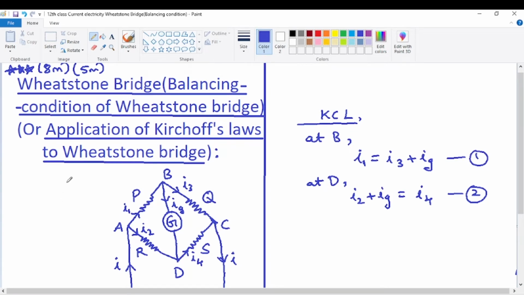But actually the essay part is only 5 marks, and for 5 marks just 3 or 4 steps are sufficient. The diagram itself is equivalent to 1 or 2 steps, another 2 or 3 steps, and the full 5 steps are completed. That's sufficient, so write as little explanation as possible.